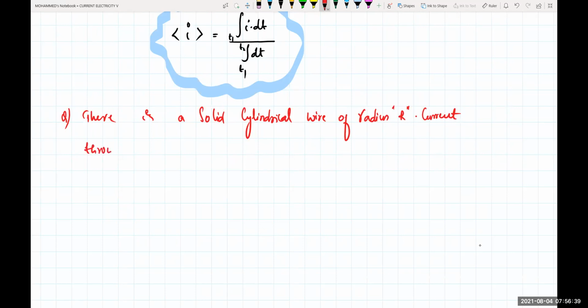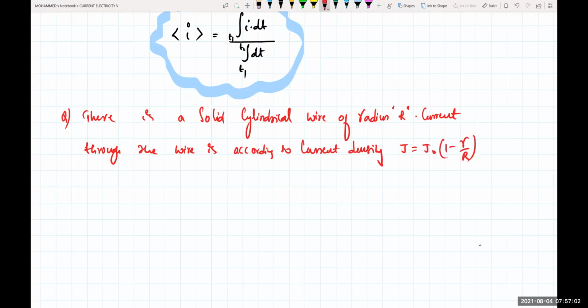Current through the wire is according to current density J is equal to J naught into 1 minus small r divided by capital R, where J naught is constant and r is the radial distance from the axis of the wire.